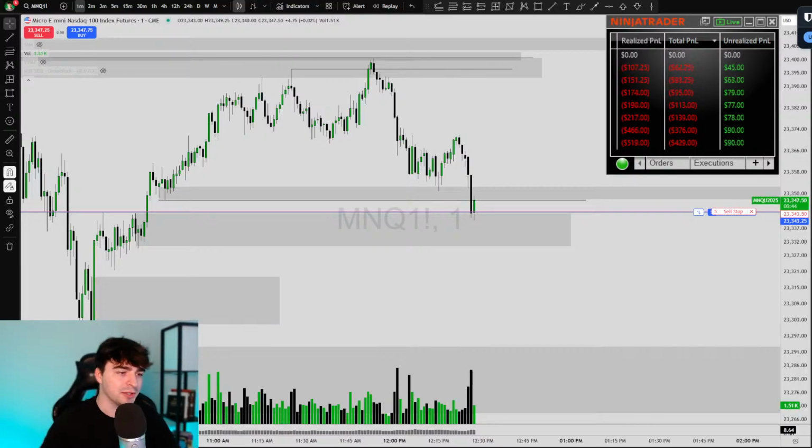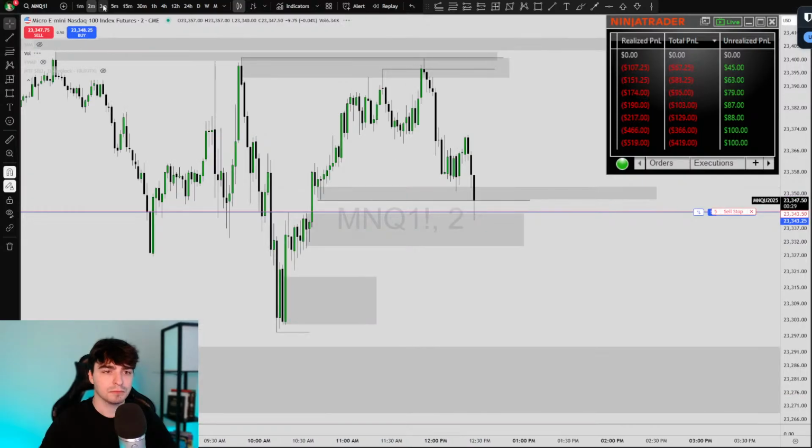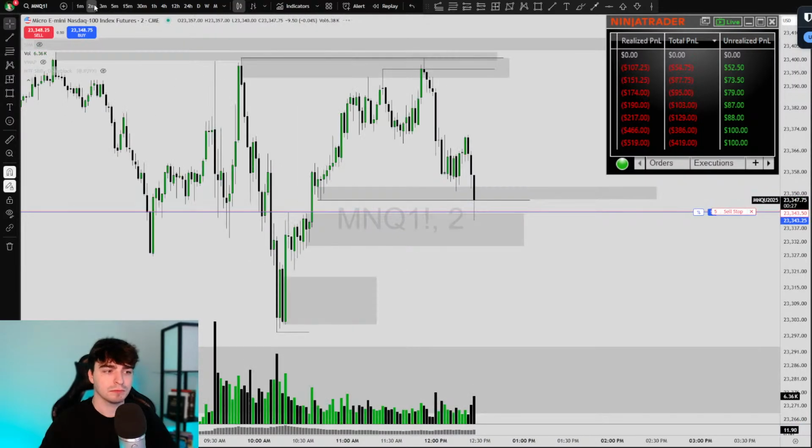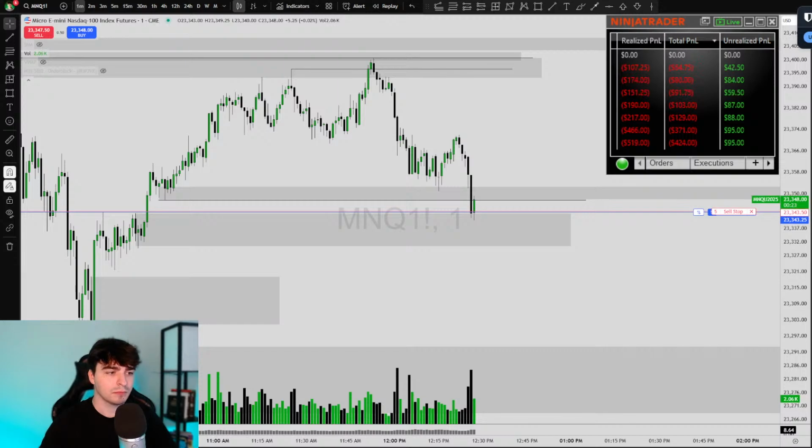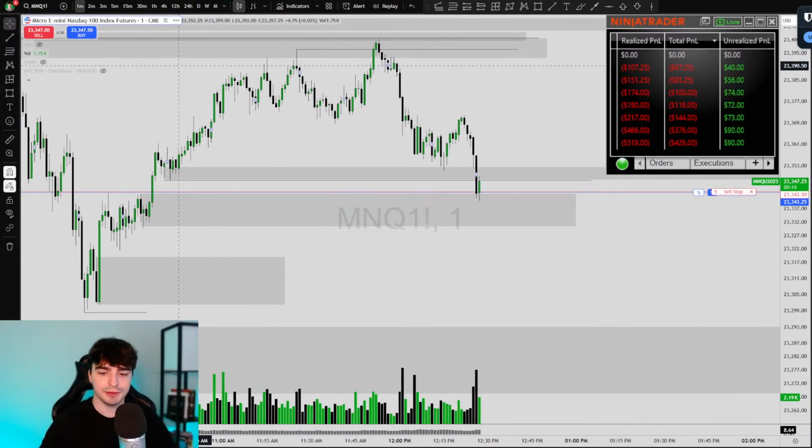That's why market orders can screw you sometimes. A lot of volatility entering the market here. Let's see if longs can make a move.